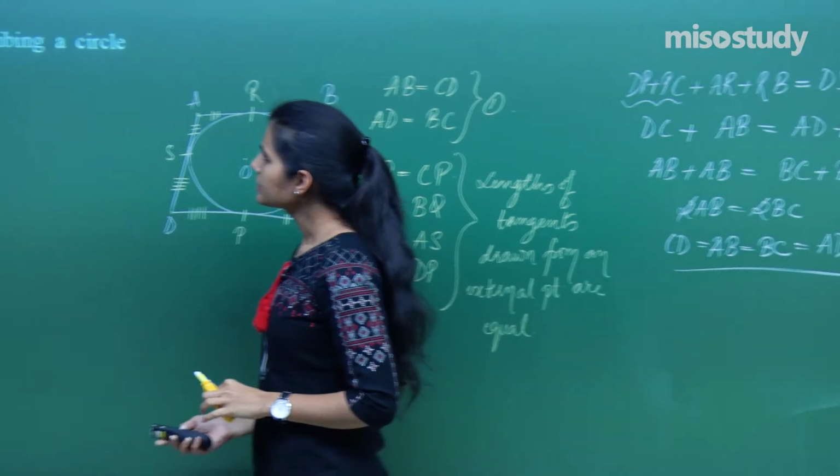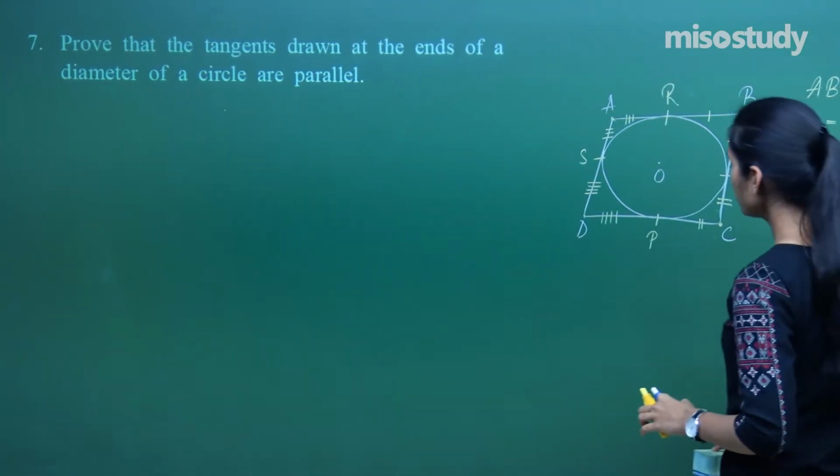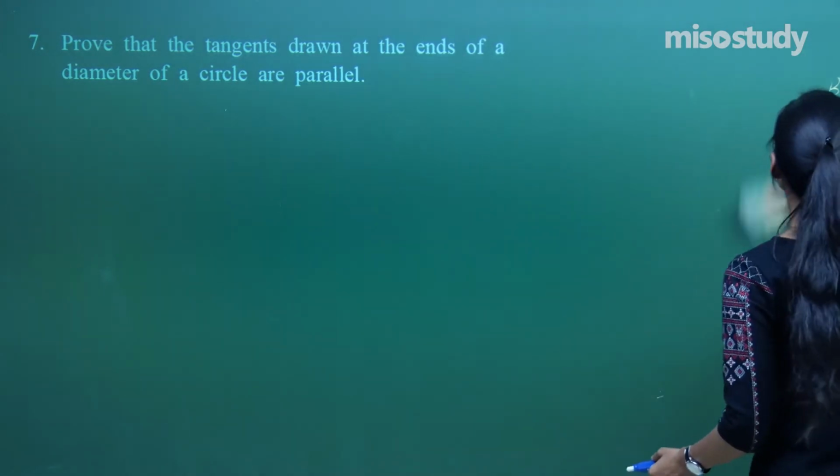Next question says, prove that the tangents drawn at the ends of a diameter of a circle are parallel to each other. Let's prove this. Pretty interesting statement.